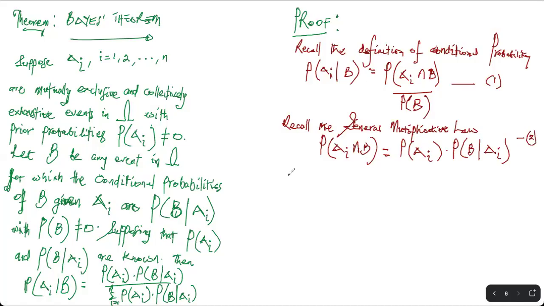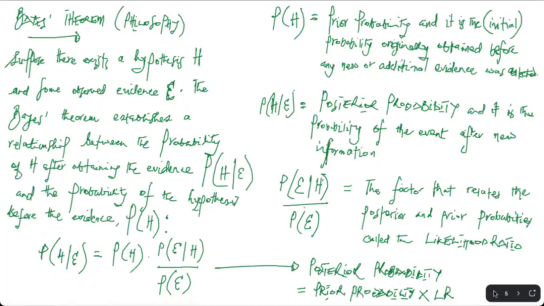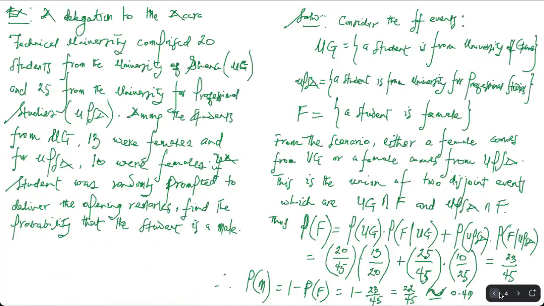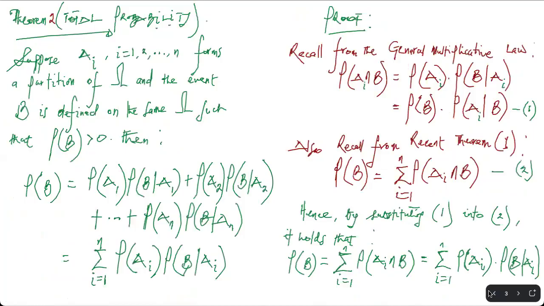Recall also, and here I'll just be pulling that from the side, the total probability rule. We can recall that the probability of B is given by the sum of this probability.